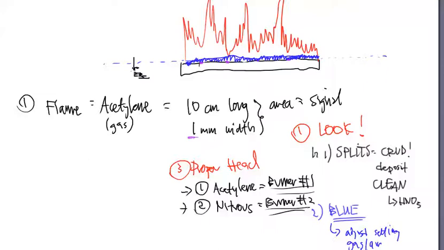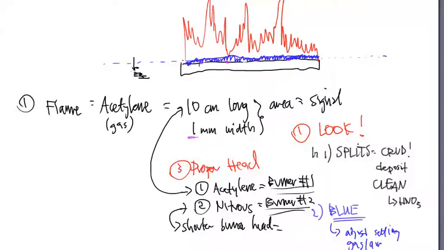The acetylene is the one that's going to be 10 centimeters long. The nitrous flame is a much shorter burner head. It's about half the size. The dimensions, not really important. The acetylene is the most common one that we will use and that you would use out in the field, but nitrous is an option, and the nitrous burner heads are always shorter.